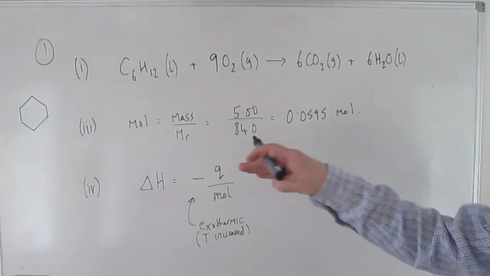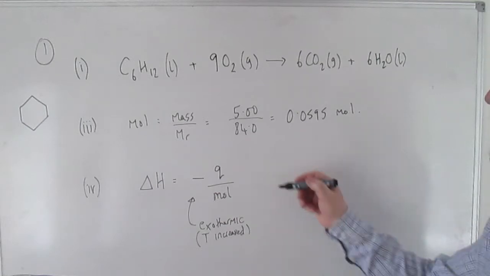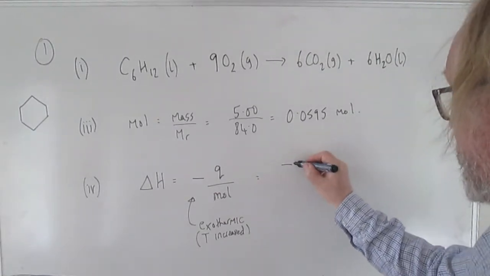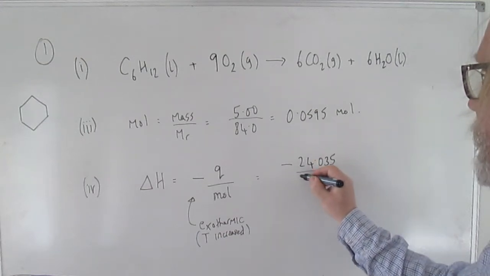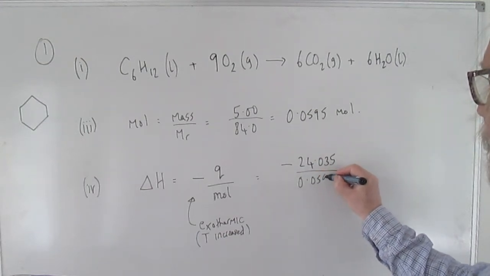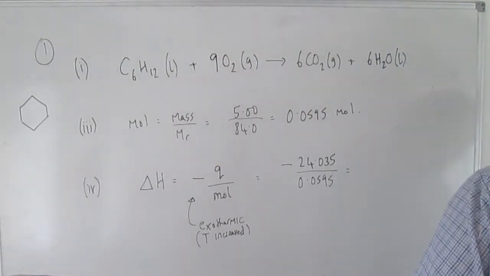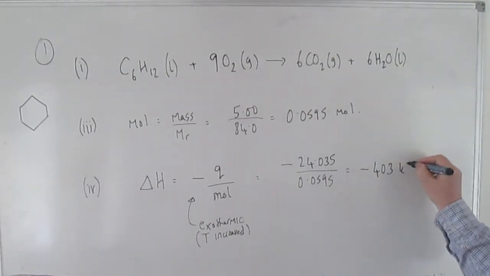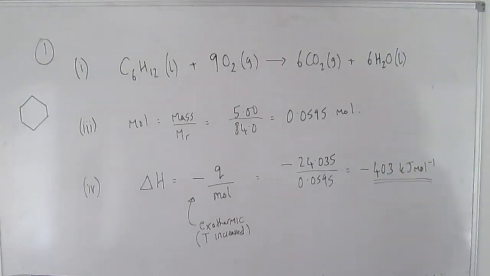If it goes up, it's a negative sign. If it goes down, it's a positive sign. So in this case it's minus Q over moles, so it's minus 24.035 divided by 0.0595, which works out as minus 403 kilojoules per mole is delta H for that reaction.